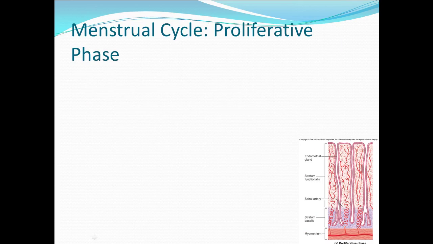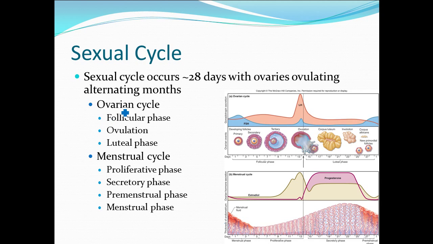Okay, well, don't worry too much about the ovarian cycle. Although, if you think about it, in the follicular phase, what's going to be developing? The follicles, right? So that makes sense. When we were talking about the primordial follicles becoming primary follicles, secondary follicles, and pre-ovulatory follicles, that's during the follicular phase.